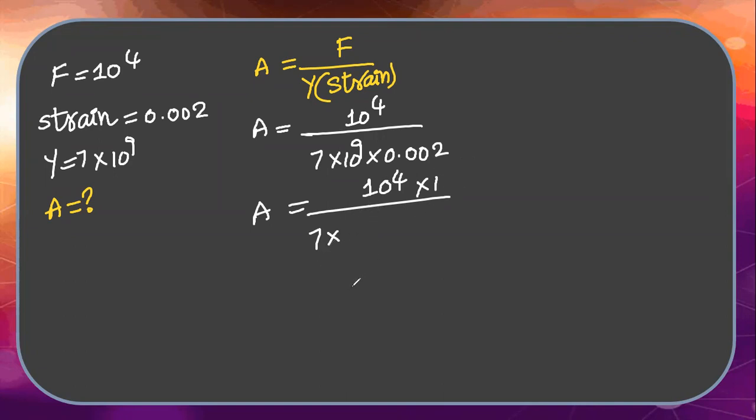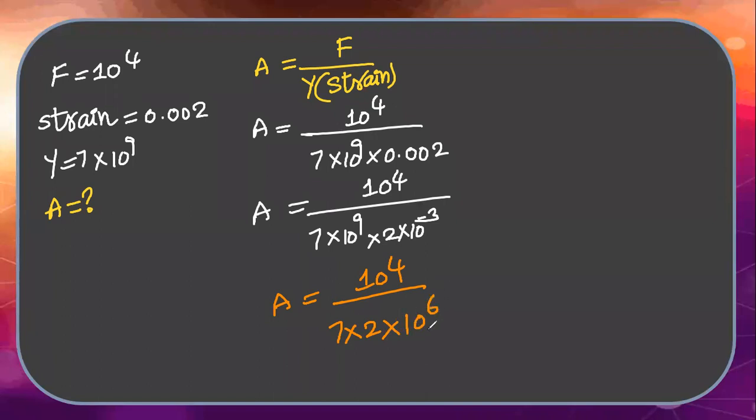Before that, I'll write 0.002 as 2 into 10 power minus 3. Therefore, A is equal to 10 power plus 4 divided by 7 into 2 into 10 power plus 9 into 10 power minus 3. It will be equal to 10 power plus 6.